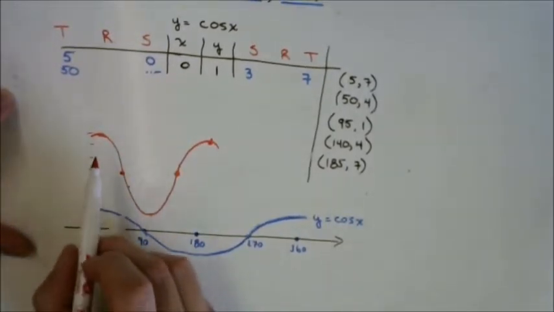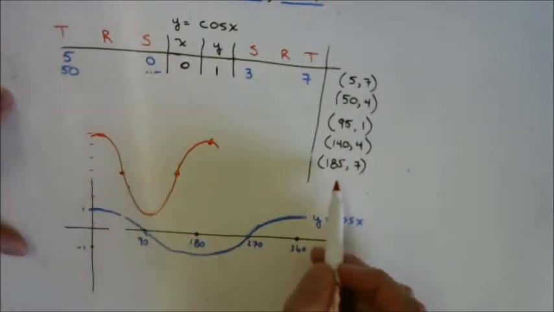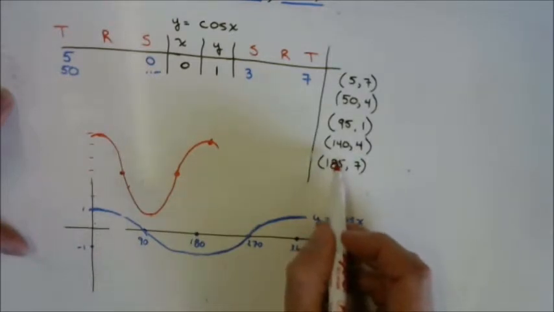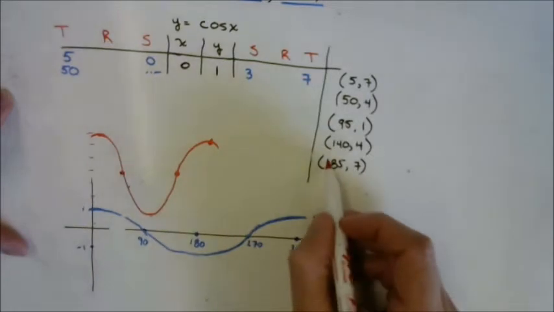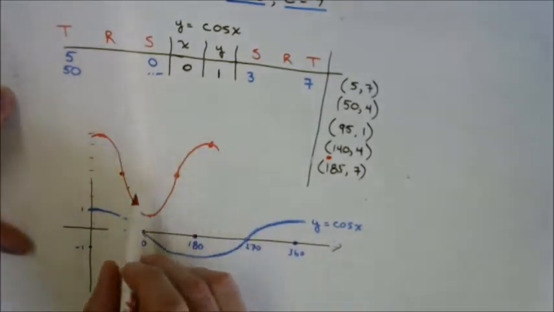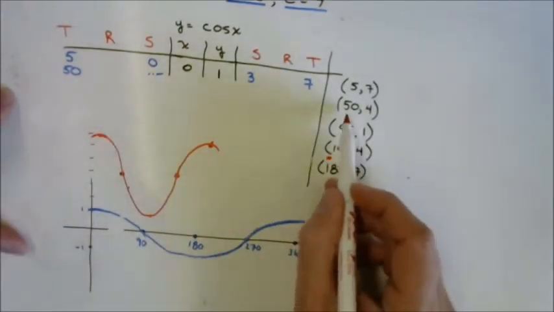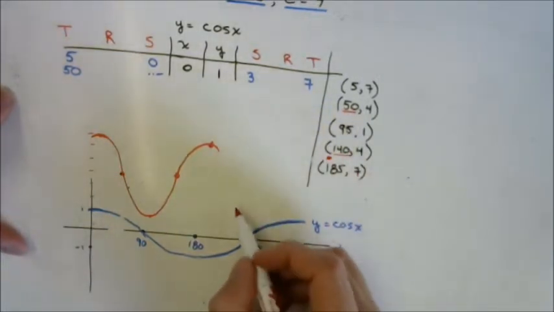We need to repeat that cycle. So here I'm adding from 185 to 370. No, 185. Period length is 180, so 365 will be my next max. My next rest, which went from 50 to 140, would be 230.